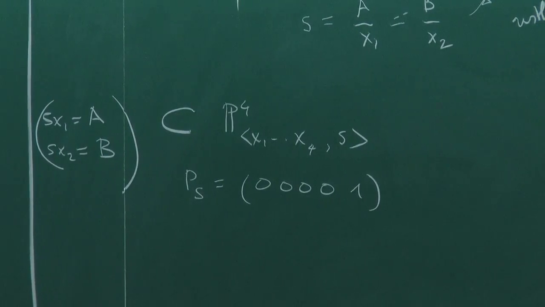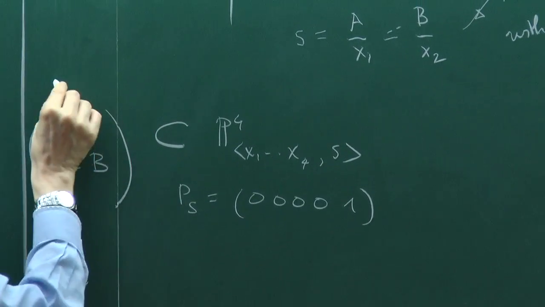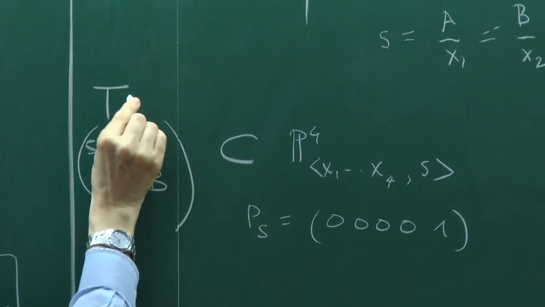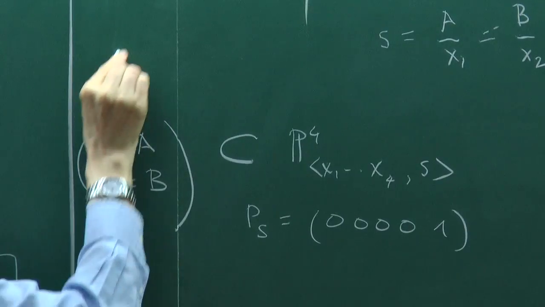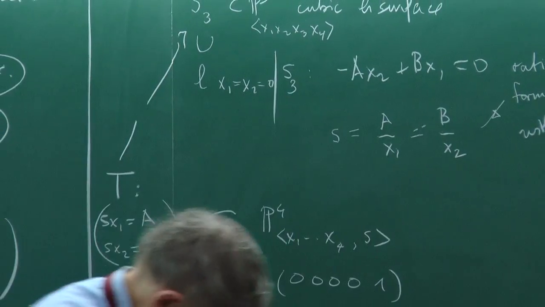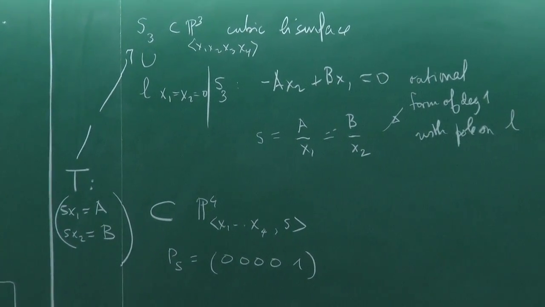This is a new variety, let me write T, and there's a birational map, the linear projection from the point P.